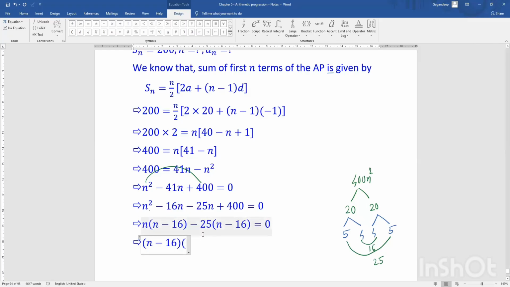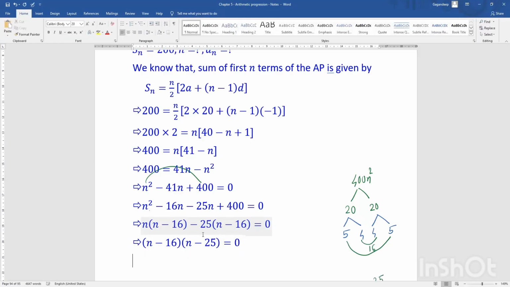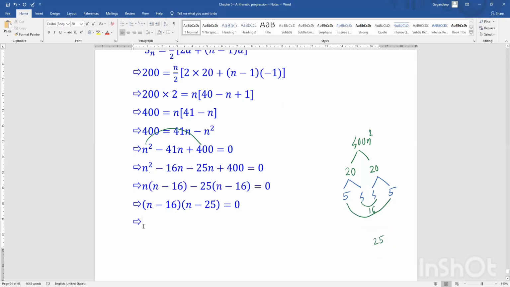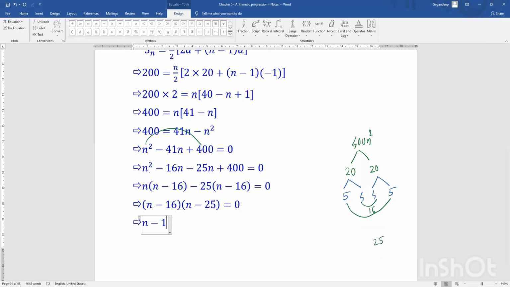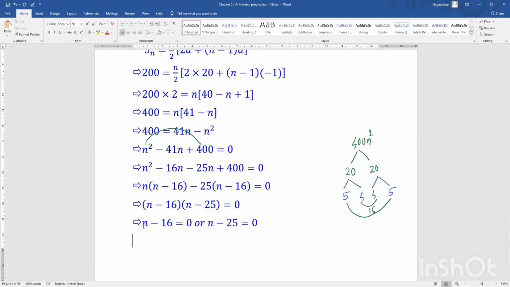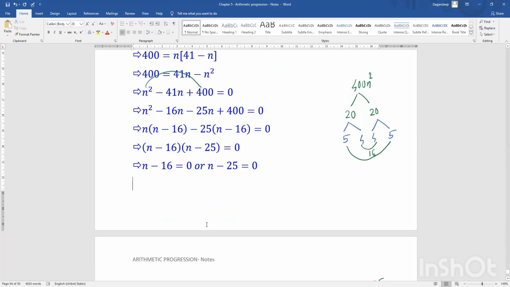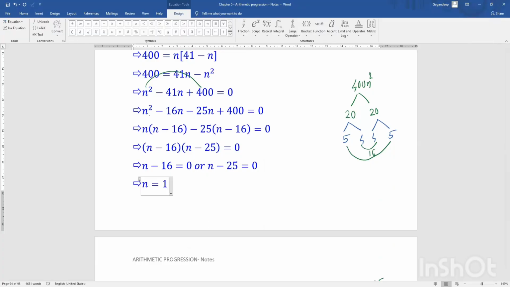So n minus 16 into n minus 25 equals 0. From this, we get two values of n: n minus 16 as 0 or n minus 25 as 0. So n equals 16 or n equals 25.